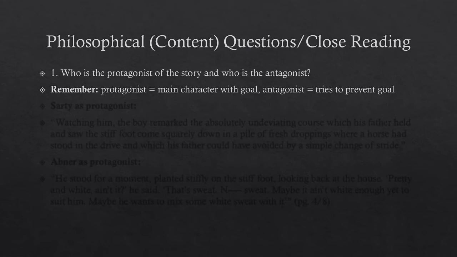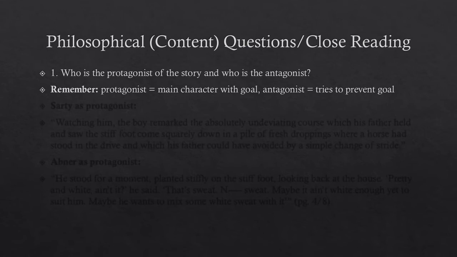He's helped Despain, but he's completely cut off from his family as the result of that. But Abner also has a goal, right? He wants to burn barns, and Sardi's clearly trying to get in the way of that. So in that sense, you could also potentially frame Abner as the antagonist of the story.